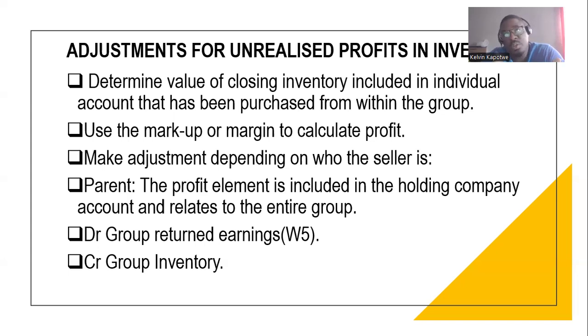Remember, to reduce a profit, you debit. So when consolidating, debit group retained earnings with the unrealized profit. That is working 5 that we did in the previous video. Then credit group inventory.